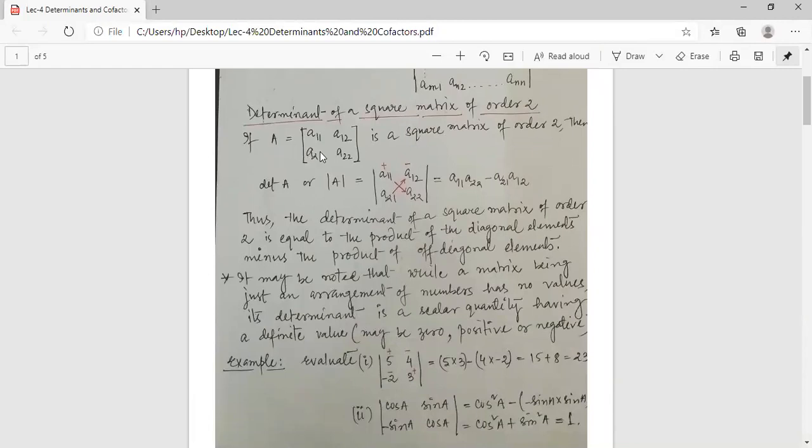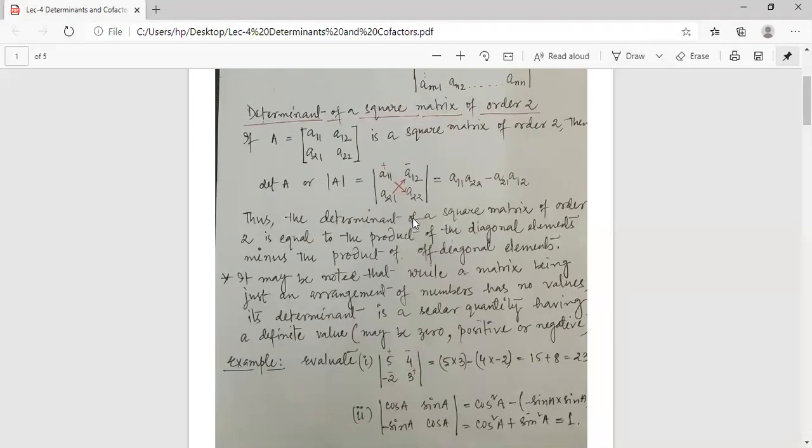If A is a square matrix, then the determinant of A, written within vertical bars, is equal to the elements of that matrix A11, A12, A21, A22, within the vertical bar, and its value will be the product of the principal diagonal elements, that is A11, A22, with negative sign, A12, A21.